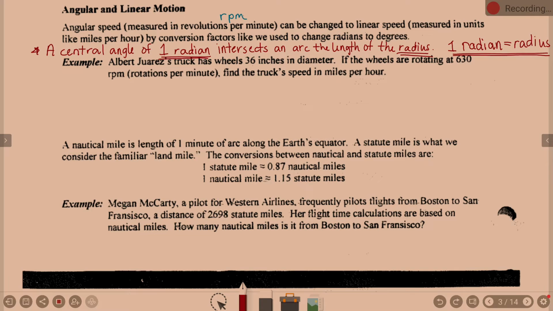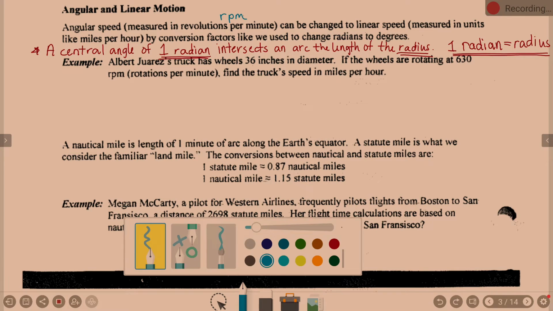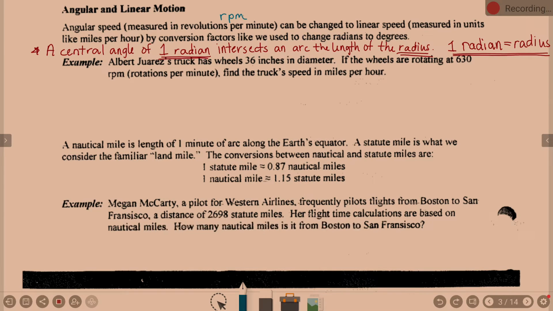So our final goal is to find the truck's speed in miles per hour. I'm going to probably end up erasing this later and rewriting it better, but that's where I'm trying to get to, so many miles per hour. Now, with that in mind, where's our starting point?